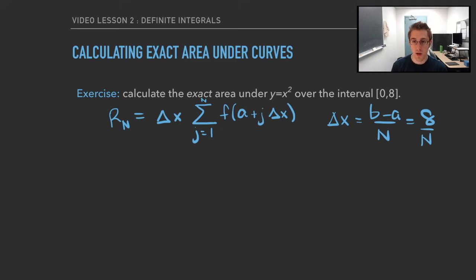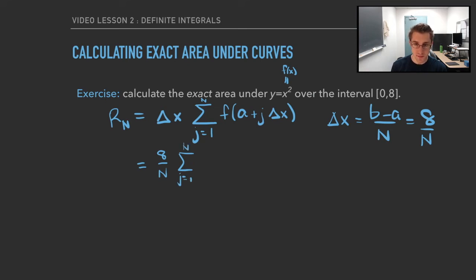So f of x is x squared. If I want to put specifics into this equation, delta x is 8 over n. I still have a sum as j goes from 1 to n.